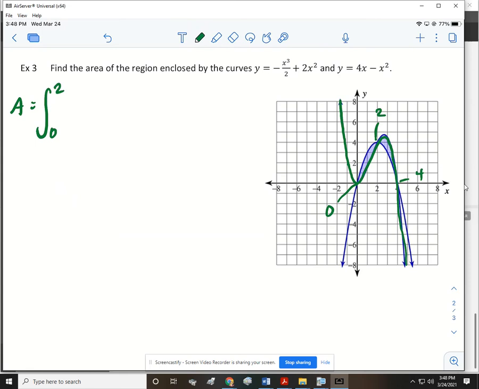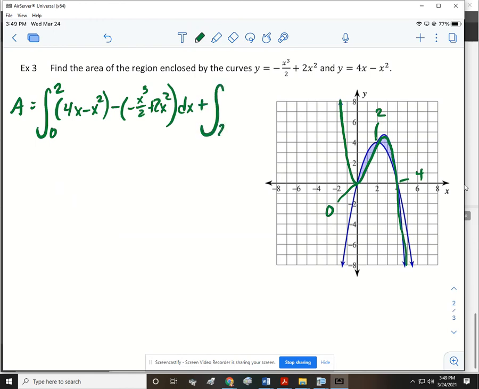On this region, the quadratic function is on top, so that function is 4x minus x squared. Okay, and from that, I'm going to subtract the lower one, which is the cubic function. Okay, and then dx.